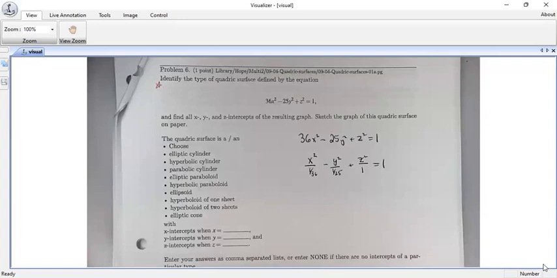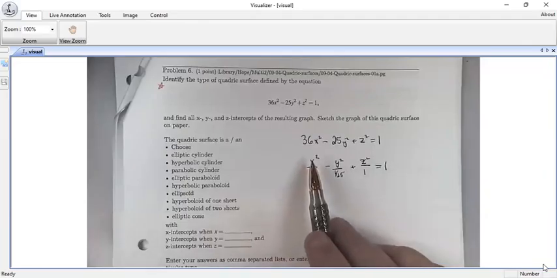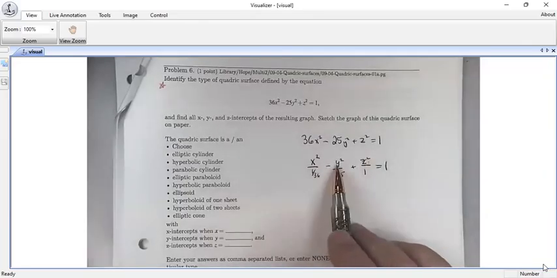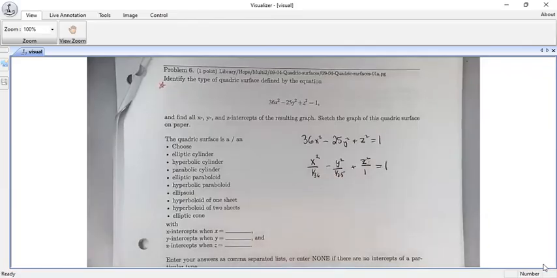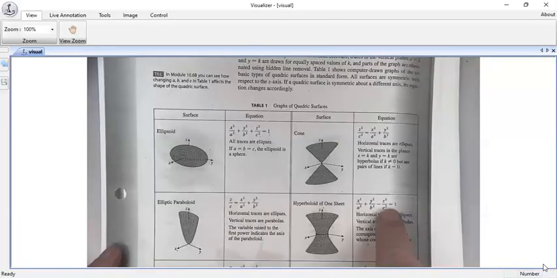Now, with this, what is this thing going to look like? Well, you'll notice here, they're all squared. First off, every one of them squared. I've got 2 positives and 1 negative. Does that make sense? 2 positives and 1 negative, squared terms, equal to 1.